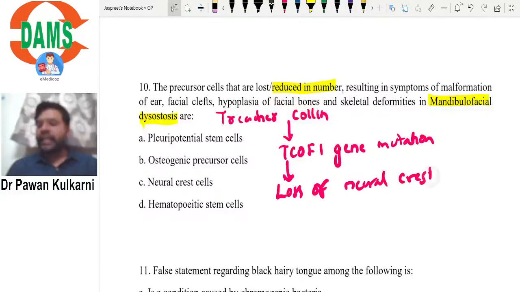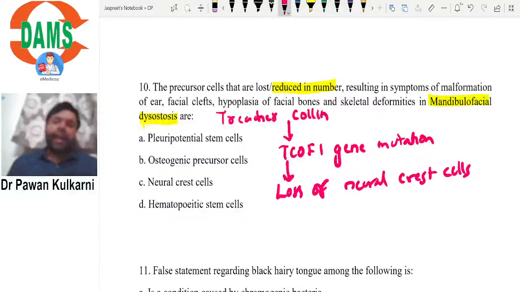Neural crest cells usually migrate to the developing facial area, but here they won't migrate. So that results in mandibulofacial dysostosis. The important thing in the question is which cells are lost here. Basically it is neural crest cells. So the main problem in Treacher-Collins syndrome is the TCOF1 gene mutation, which is going to result in the loss of these neural crest cells.